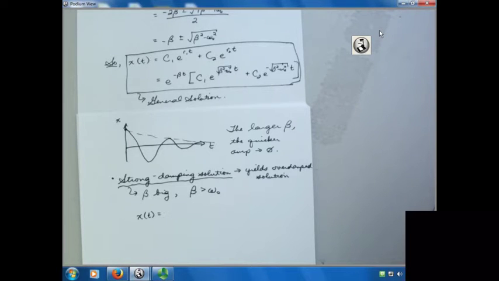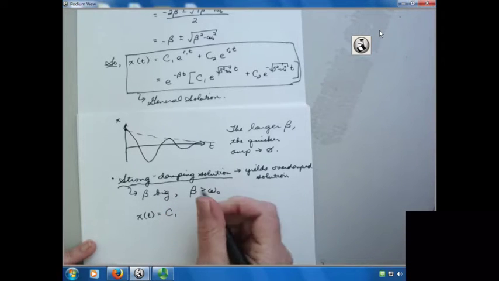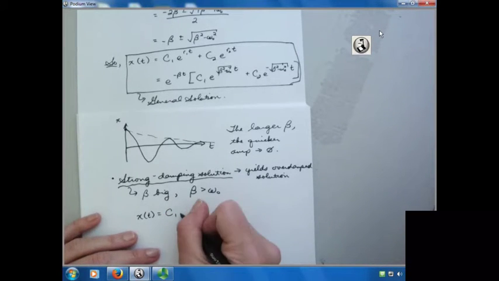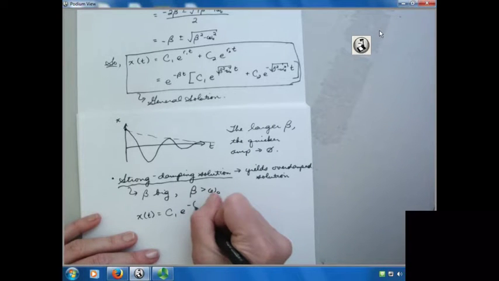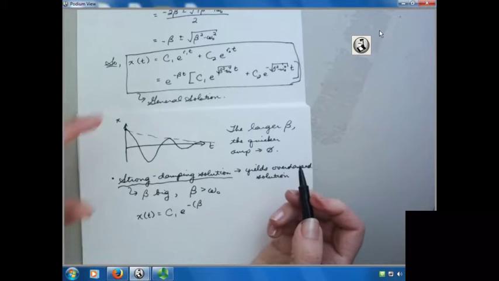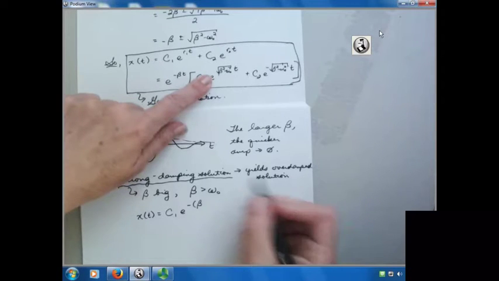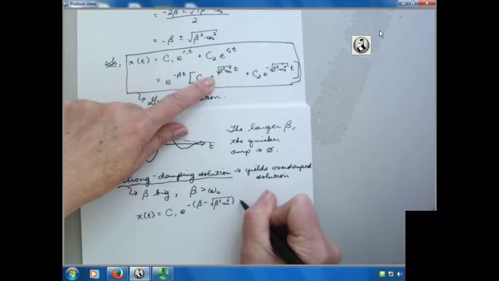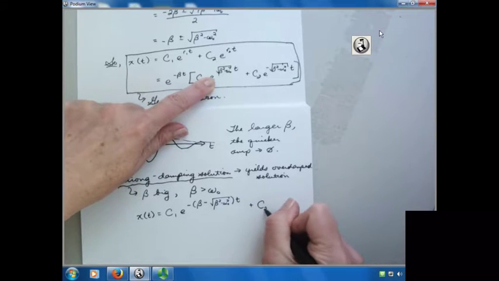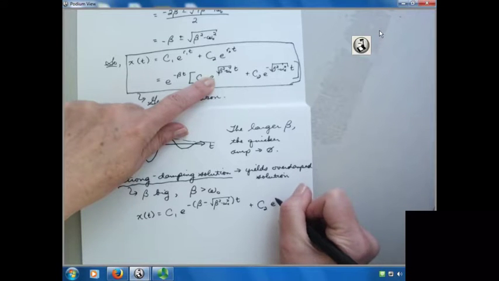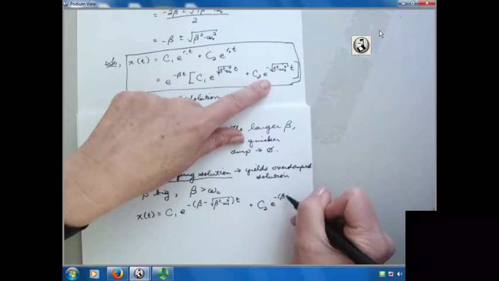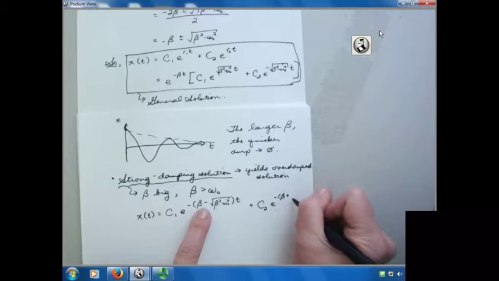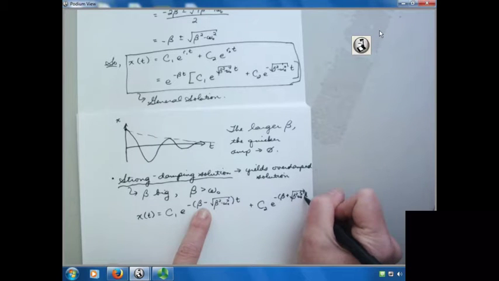Okay. All right, so here's what I got. I got C1 times e to the minus beta minus the square root of beta squared minus omega naught squared, times t, plus C2 e to the minus beta plus the square root of beta squared minus omega naught squared, times t.